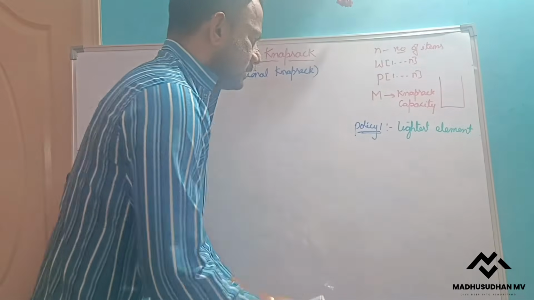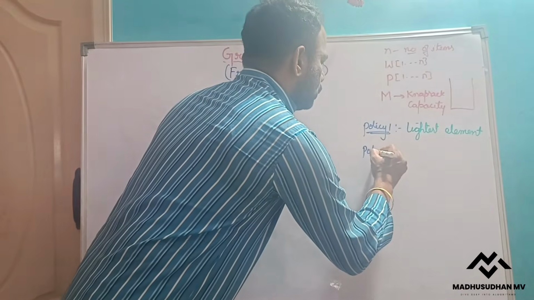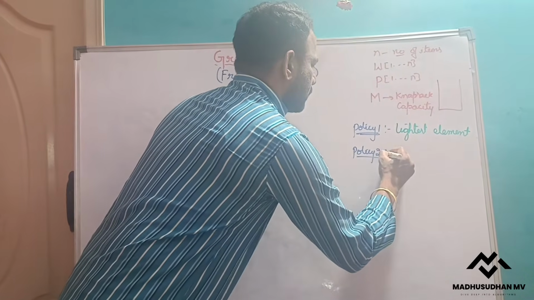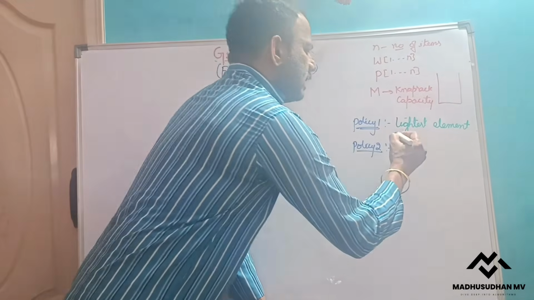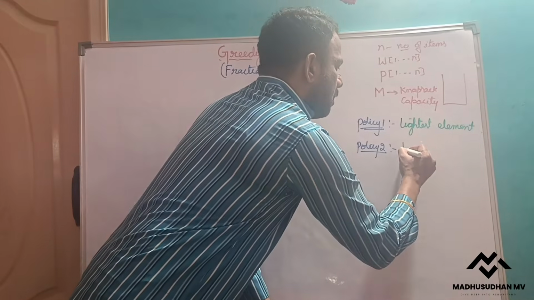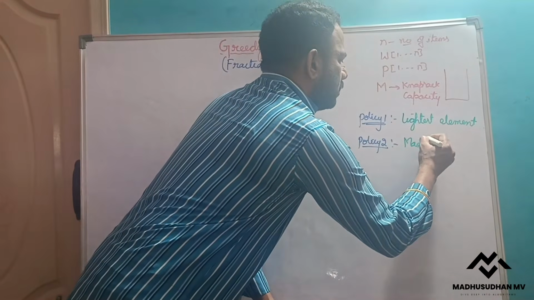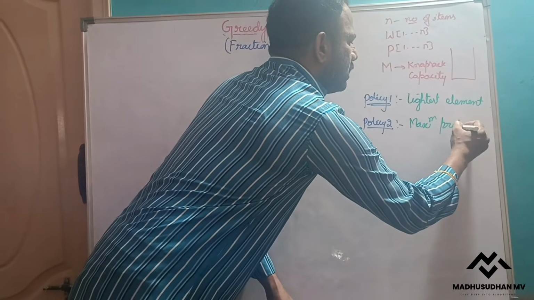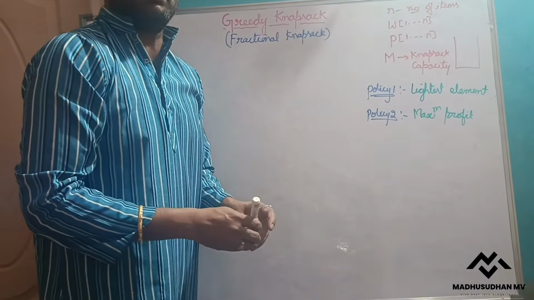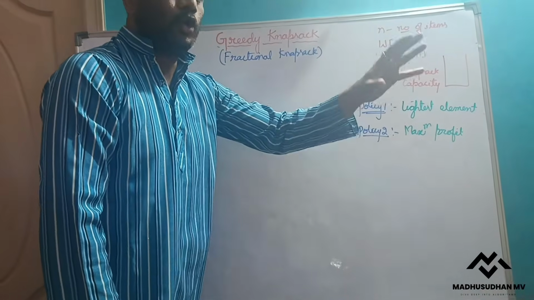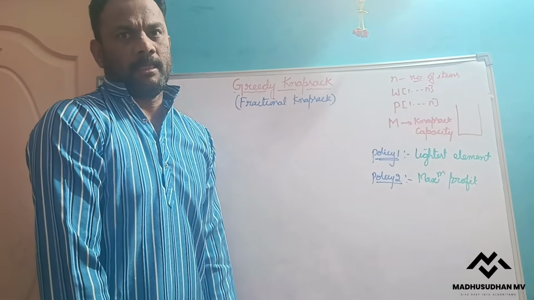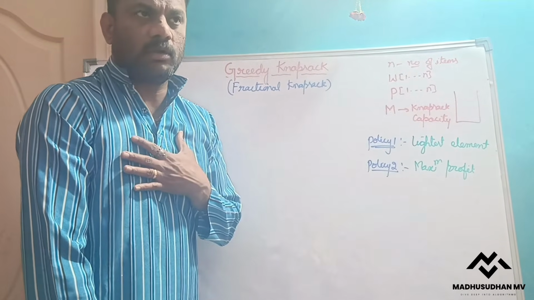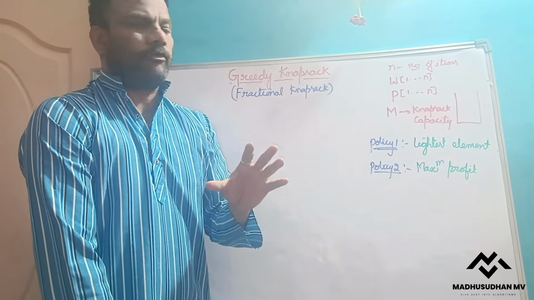Policy 2 says instead of taking the lightest element, take the element which has the maximum profit. Whichever element has the maximum value or profit, you take that as much as you can fit into the knapsack, because we need to get the maximum profit.